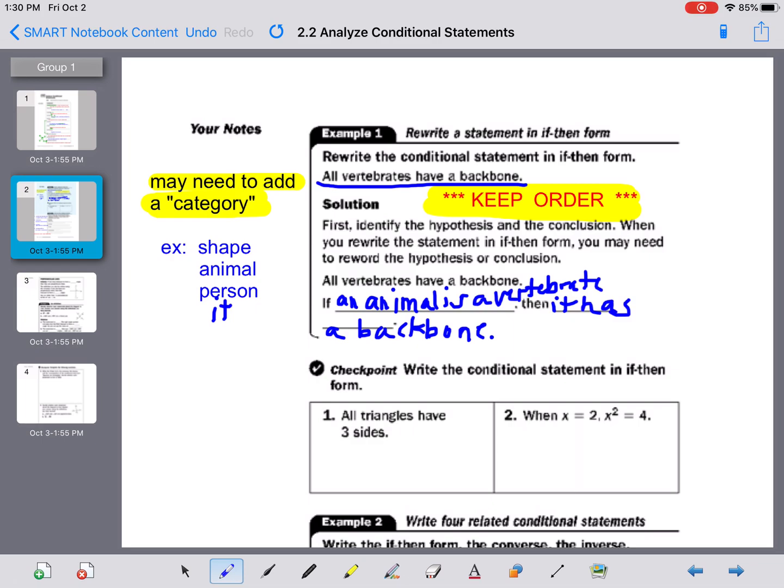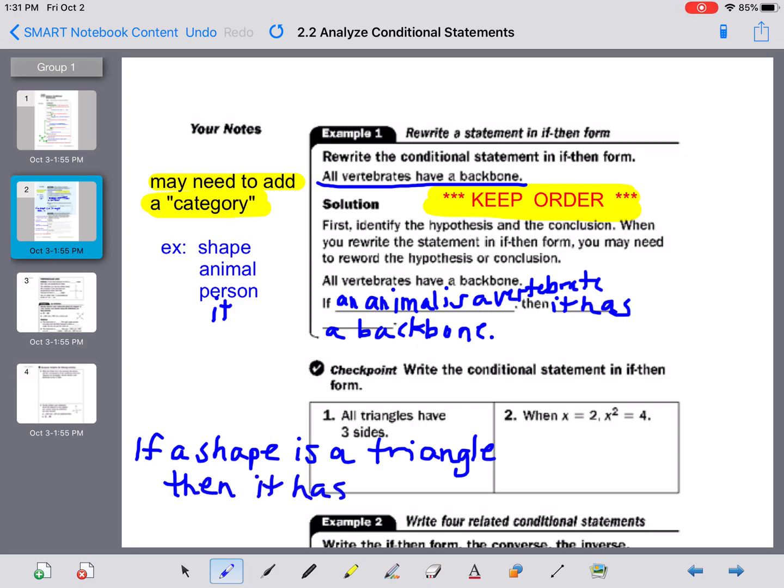Okay, so next one on number 1, all triangles have 3 sides. Keep the information in order. So what are triangles? Well, a good category might be a shape. So I might say if a shape is a triangle. So I kept triangles as my first piece of information. If a shape is a triangle, then it has 3 sides.